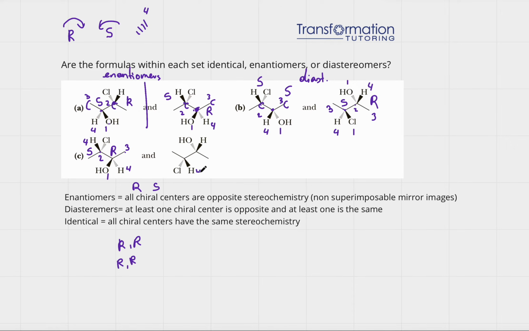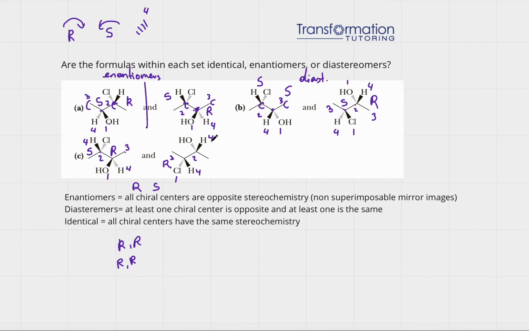This hydrogen is 4, this chlorine is 1, this is 2, and this is 3. My lowest group is not dashed, so I will have to switch stereochemistry. 1, 2, 3 looks like it's going in this direction, counterclockwise, which would be S, but I have to switch it, so this must be R.